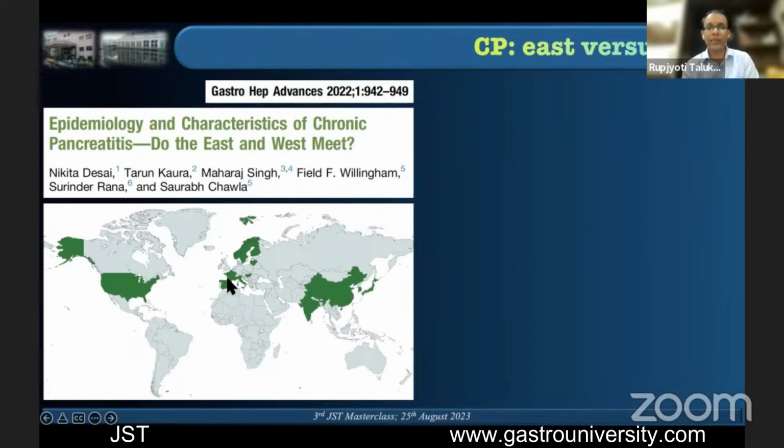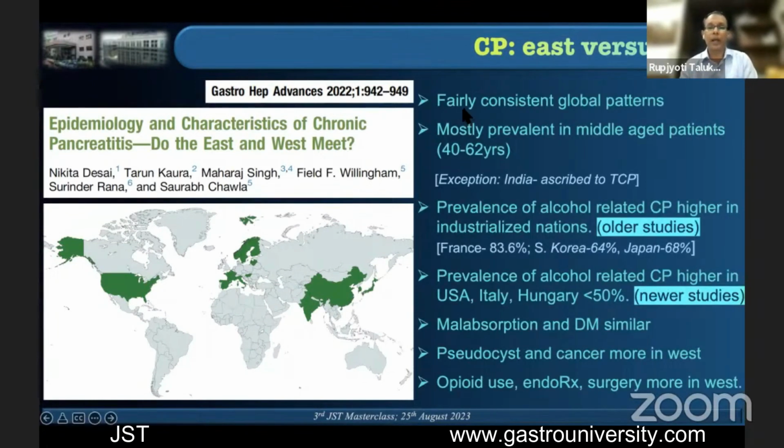And what they collectively reported was that the disease behavior was kind of consistent globally. It was mostly prevalent in middle-aged patients, 40 to 62 years, with an exception in India where they are still calling this TCP, which I don't think is correct. The onset is young.